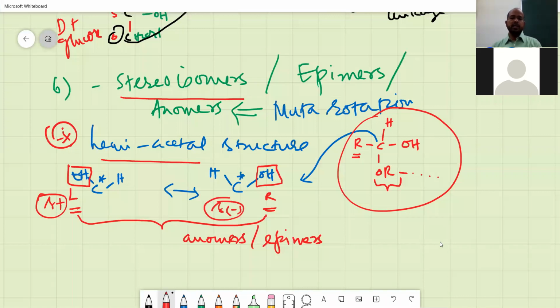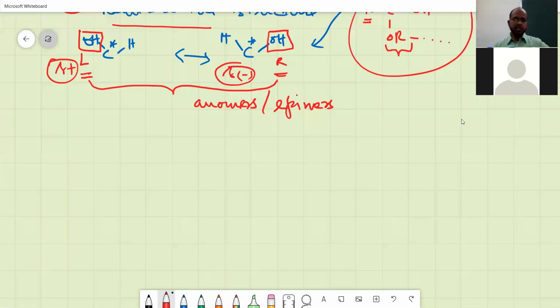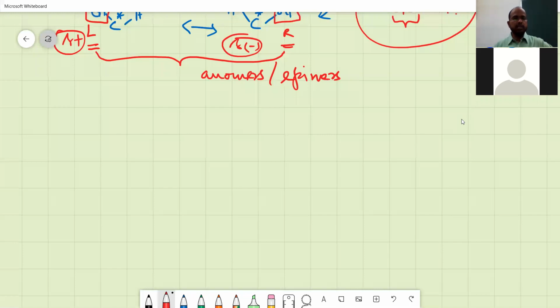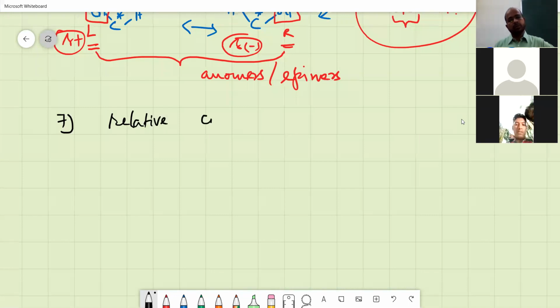Okay. Then the seventh point, which we have discussed and is of a very important nature, is what is called the relative configuration.